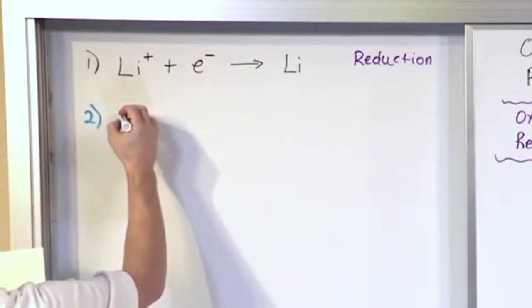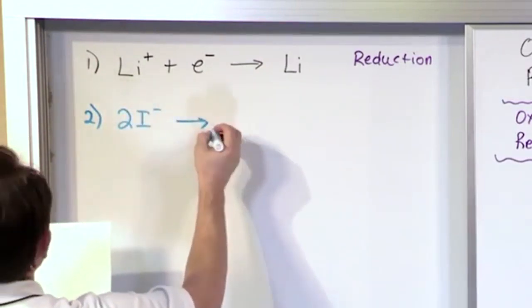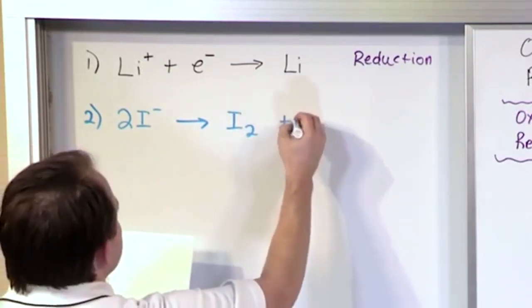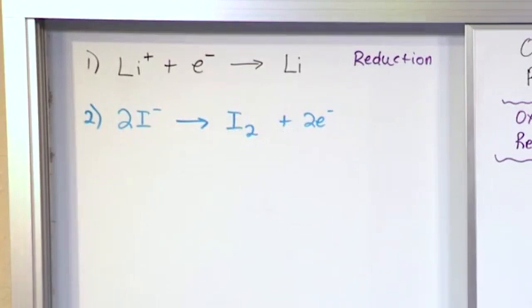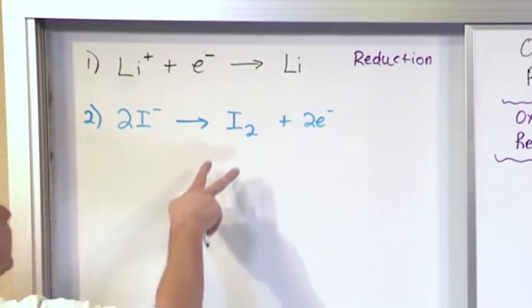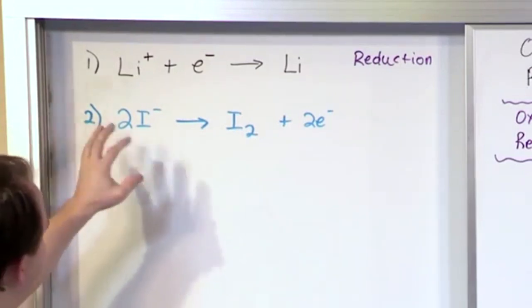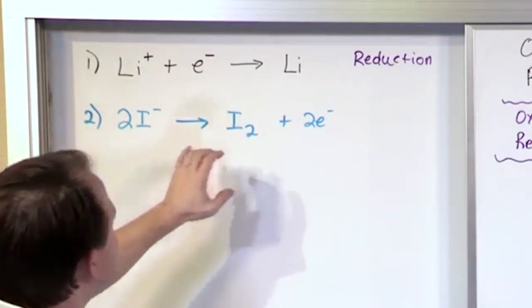So let's say number 2. Let's say we have 2 iodine ions, and that yields I2 plus 2 electrons. Iodine is one of those diatomic molecules. Usually you see it exist as I sub 2. And this is balanced, notice, because we have 2 iodines on each side.